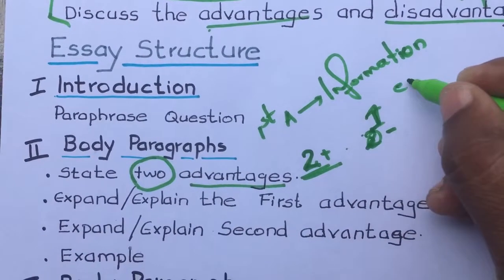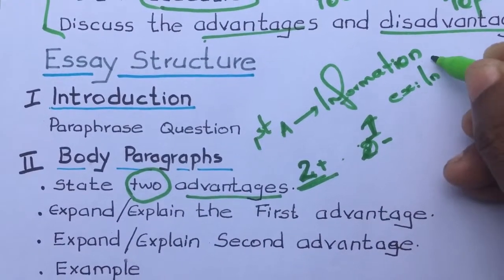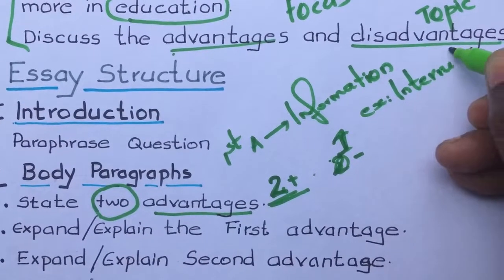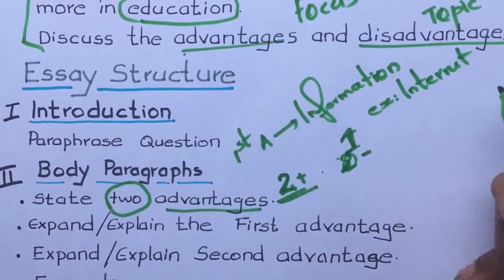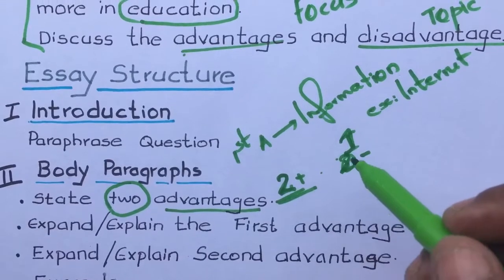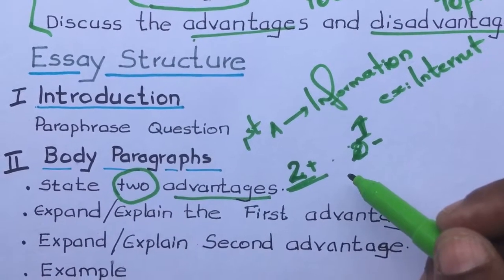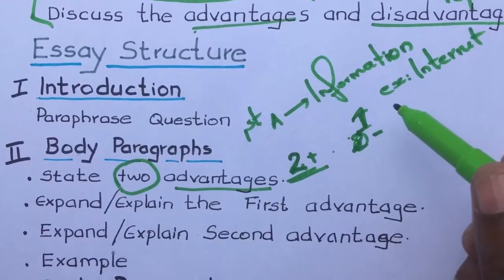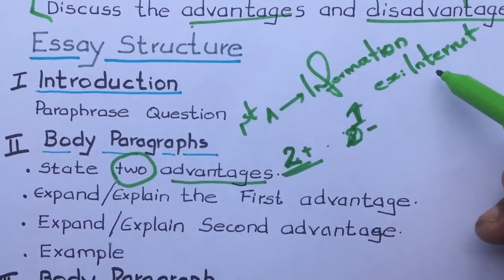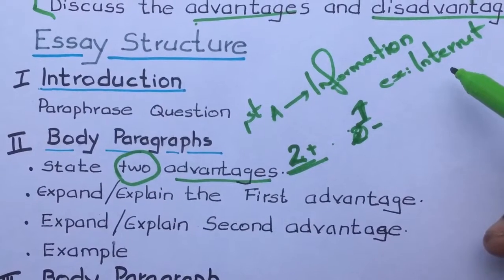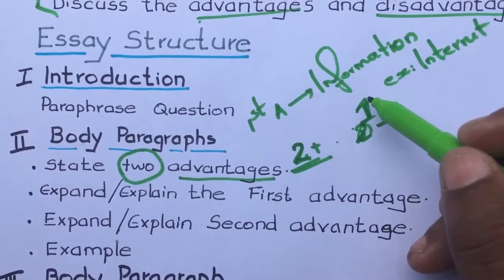For example, the internet, because all our information is at our fingertips. If you want to learn more and more about something, you will get it from the internet, just a click away. So that's the first advantage.